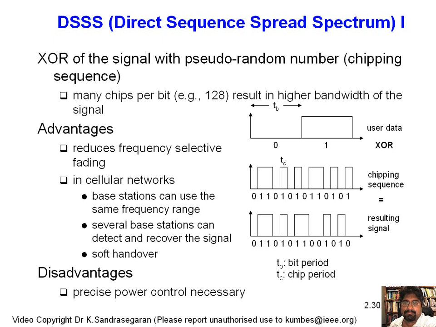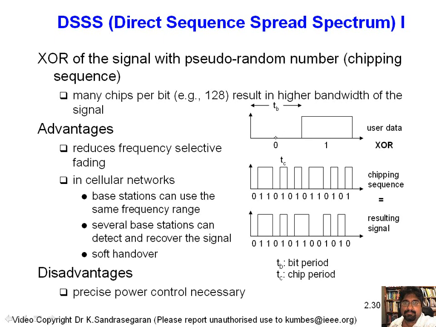Now one thing that you will notice is that in each of these chipping sequences the same information is being transmitted. So if this is the transmitted signal here, if you compare it with the chipping sequence, you can know that it was a 0. Essentially what you do is you take that signal and you XOR it.